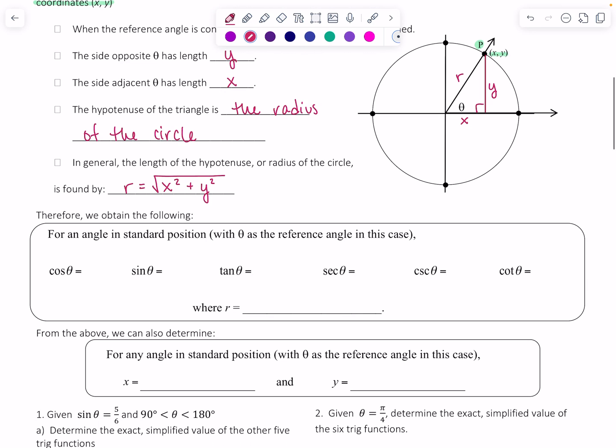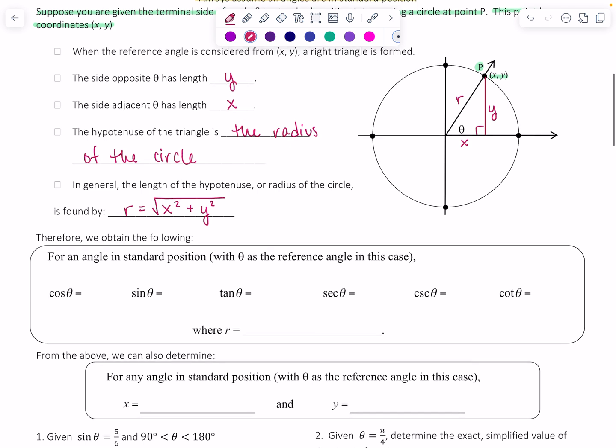So an angle in standard position with theta as the reference angle is going to have these relationships. Let's remind ourselves that cosine is adjacent over radius, therefore it's x over r. Sine is opposite over hypotenuse, so it's y over r.